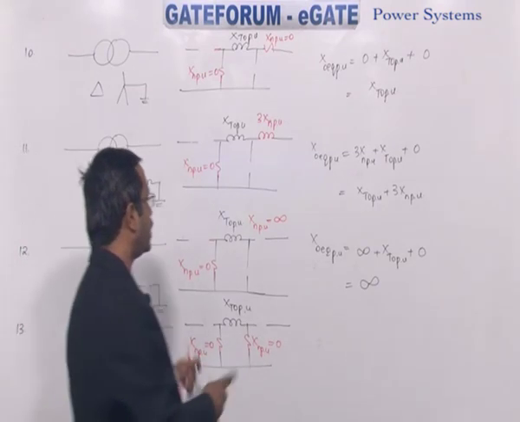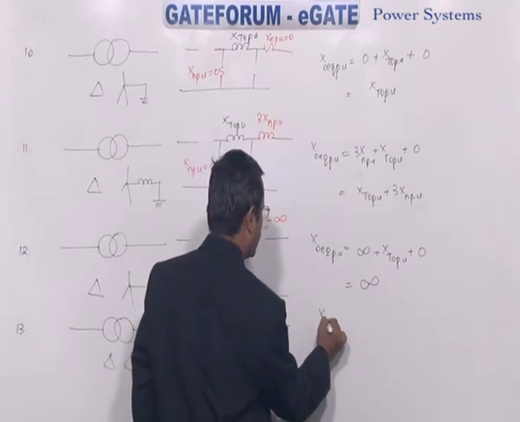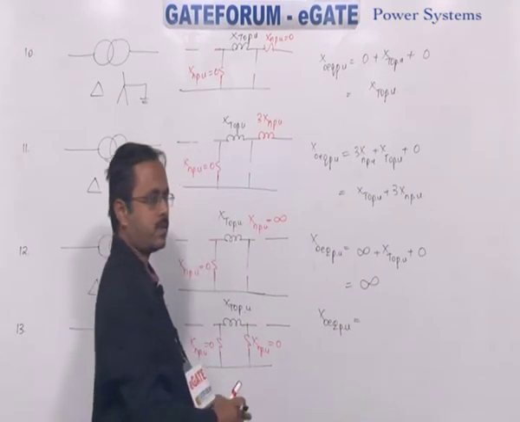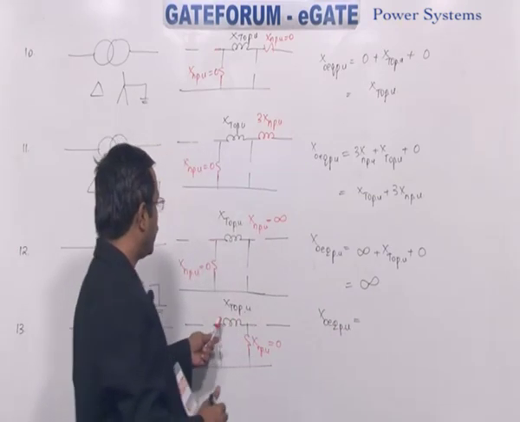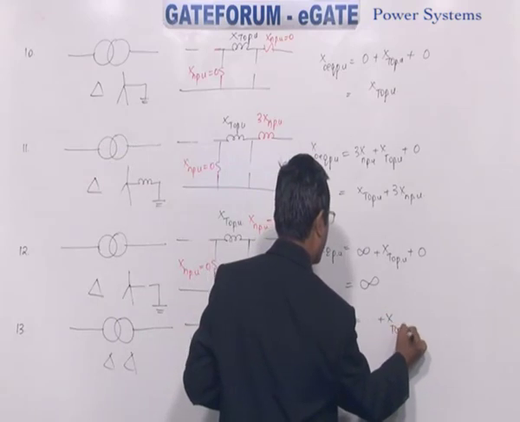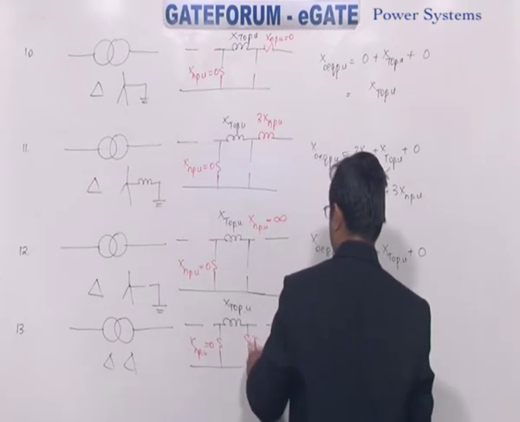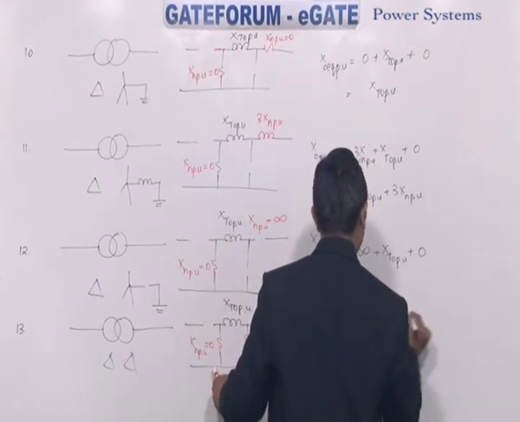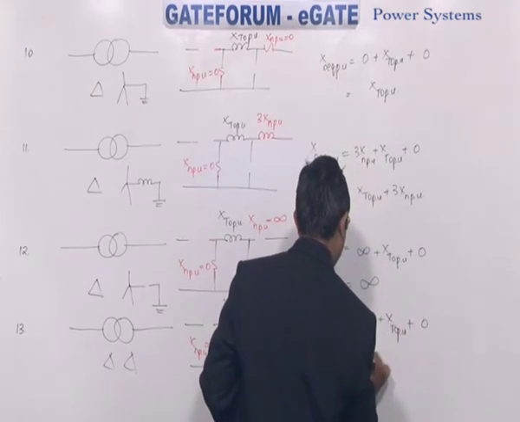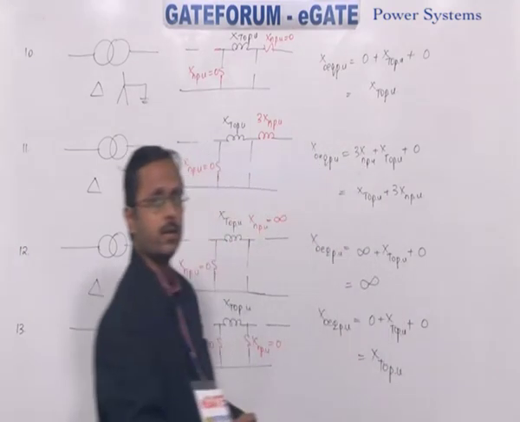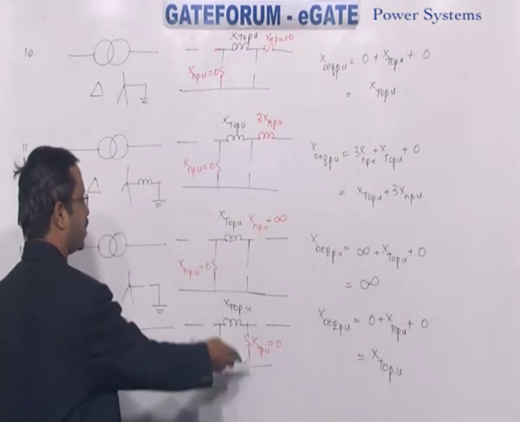And how to find what is X0 equivalent per unit? You travel by default through XT0. And the switches we have operated, so here shunt switch, here also shunt switch. And adding this total, how much do you get?